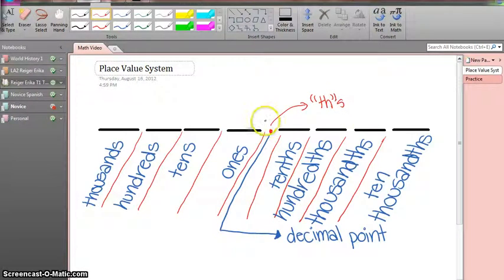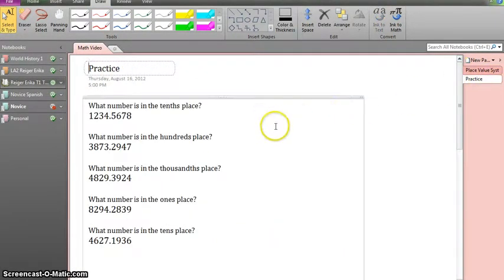And then over here is the normal stuff. See, you add TH to tens, hundreds, thousands, and 10,000. So that is the place value system. Now we are going to practice.